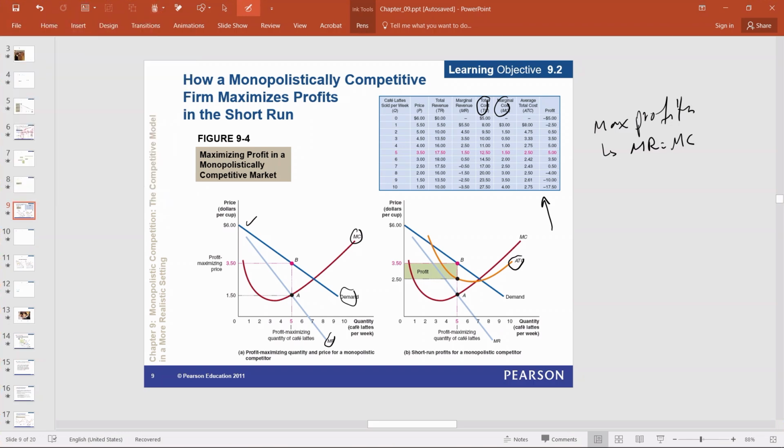So if we look at this graph, we will find this intersection of marginal revenue and marginal cost curve. And if we draw a line from the intersection point and chase the demand curve, we will find that this area should be the profit.